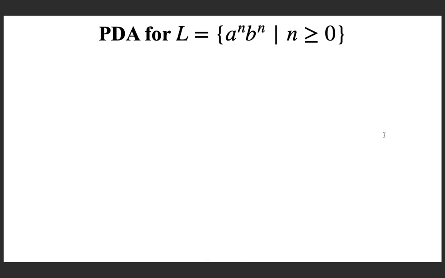Now we can try to have a pushdown automaton for this language, which is known to be a non-regular language and known to be a context free language. We have seen a context free grammar. Now we can see how we can get a pushdown automaton.